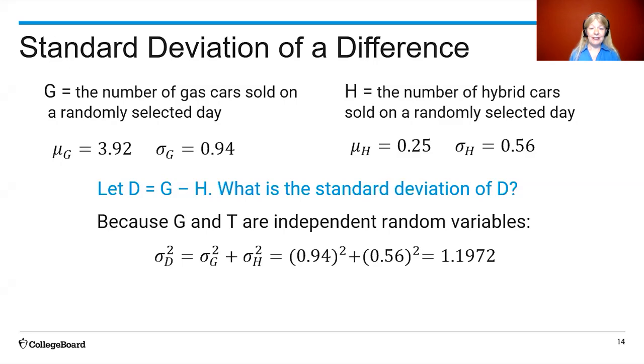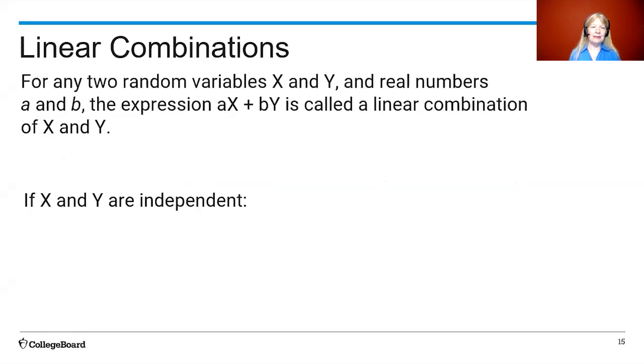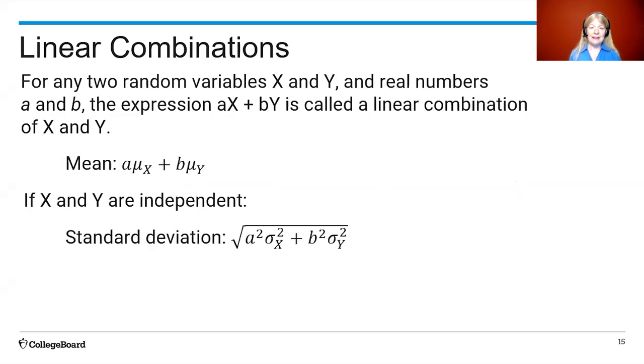Add the two variances, take the square root, and we have the standard deviation. For linear combinations, if X and Y are independent, the mean is the sum of the two variables with their linear function added to it. And for the standard deviation, we use this formula here.